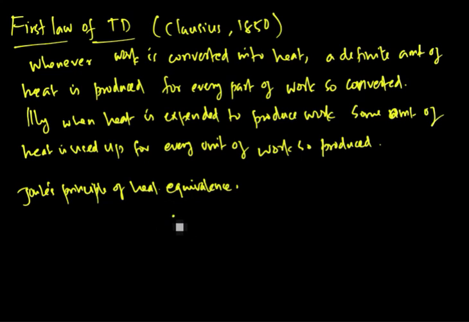Mathematically, we can write this statement as W is proportional to Q, where W is the work and Q is the heat. If W is the work done on the system, then Q is the heat produced within the system. If W is work done by the system, then Q is the heat liberated by the system.